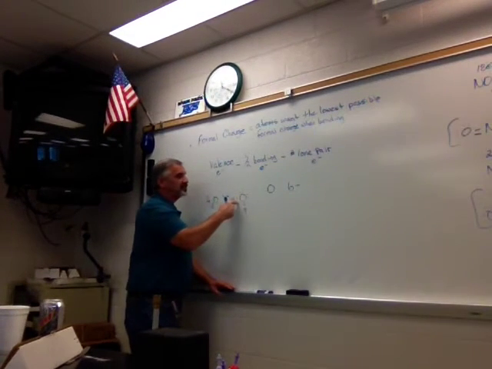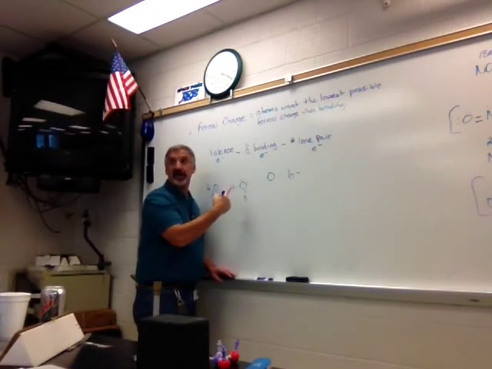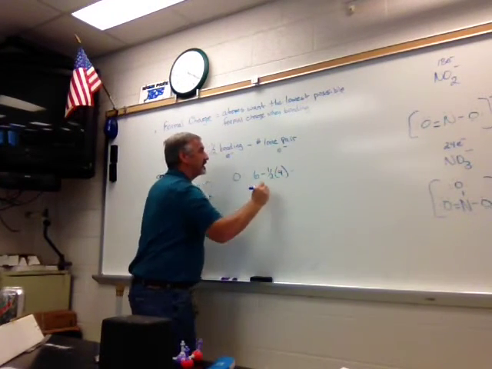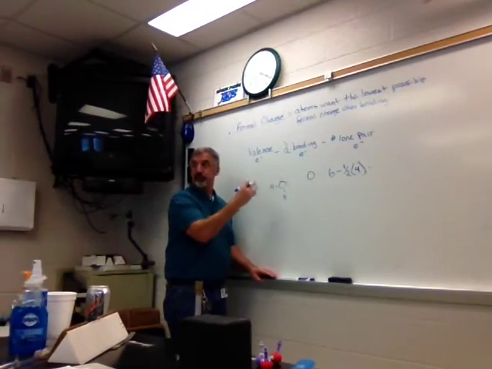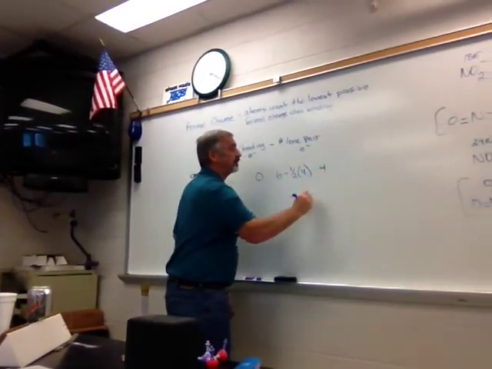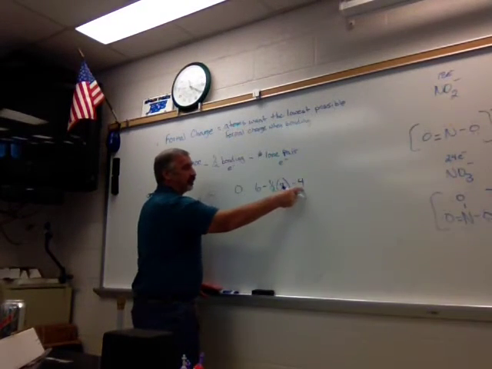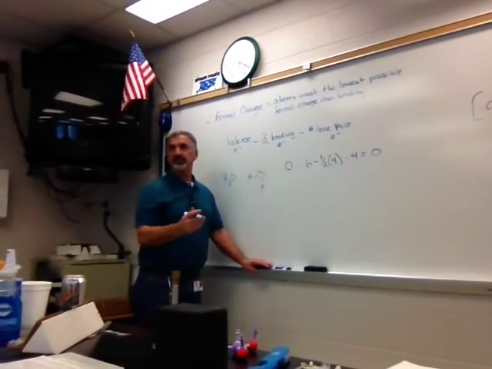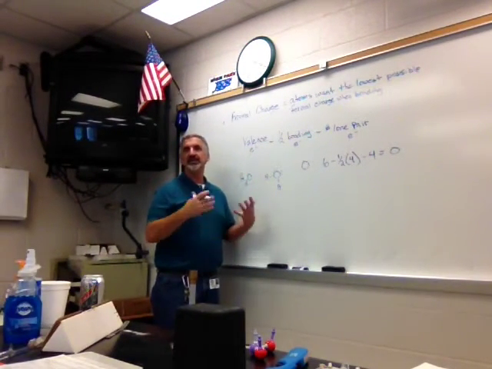Minus, how many bonding electrons are there? 2, 4. So oxygen gets credit for half of them. So it's 1/2 times 4. Minus, how many lone pair electrons are there? 4. There's 2 pairs, but 4 electrons. So it's going to be minus 4. So it's 6 minus 2 minus 4. That's going to equal 0, which is ideal. That's what you want. You want the formal charge always to be 0 because this is a covalent compound. It doesn't have a charge.